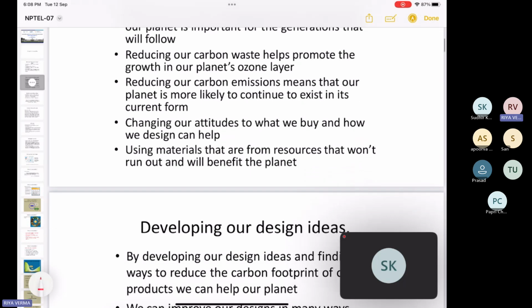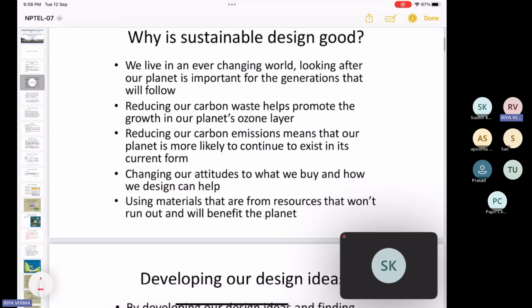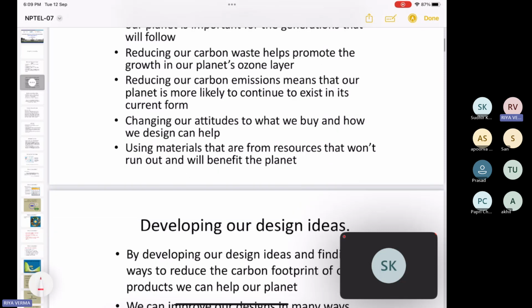Then, using materials that are from resources that won't run out and will benefit the planet. So this is also one factor, that we should use materials from resources that won't run out. That is, the resources should be renewable. Only when they won't run out can they benefit the planet.